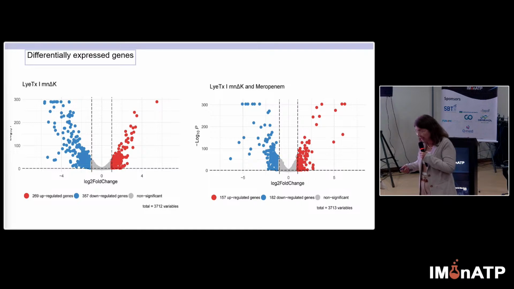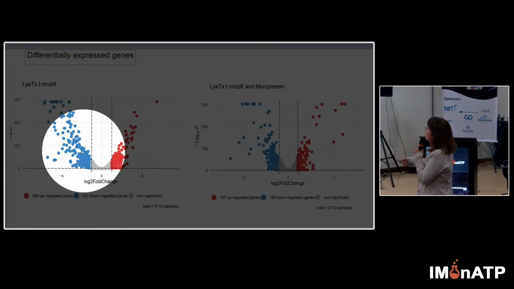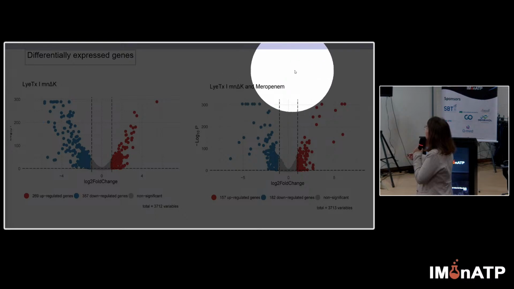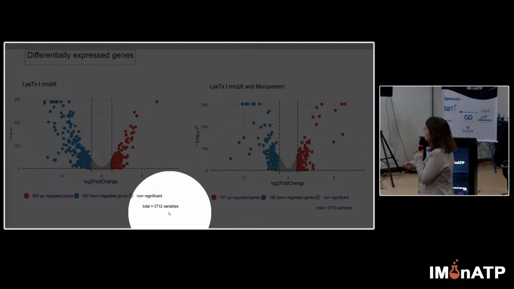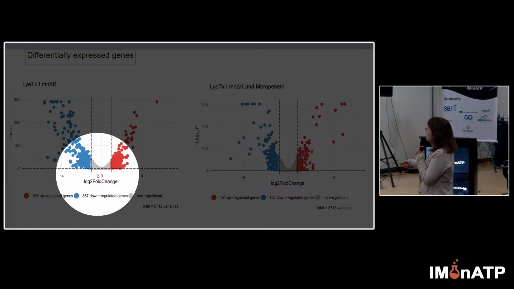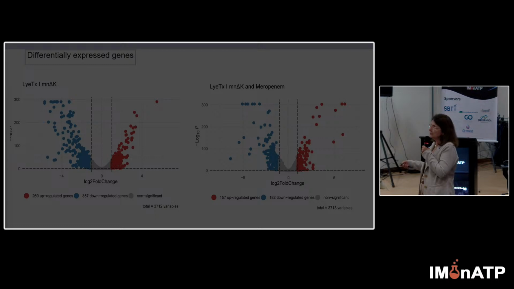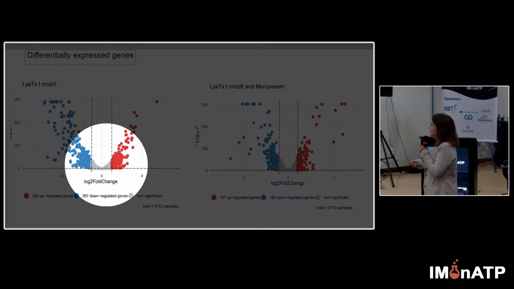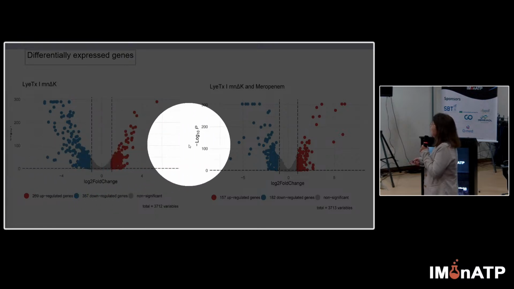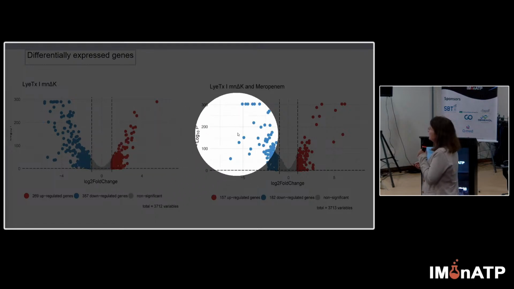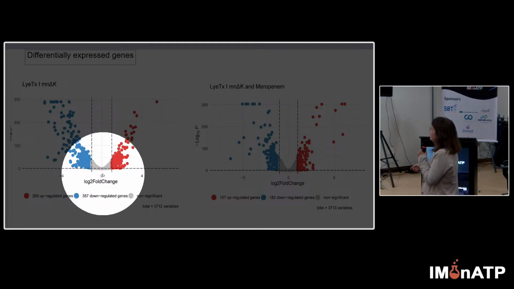And this is the heat map we got when we treated with the toxin and the synergy of toxin and meropenem. We got many, many genes differentially expressed. And we considered differentially expressed the ones that had at least a two times fold change, that is log2 fold change of 1, and also a p-value of less than 0.05.